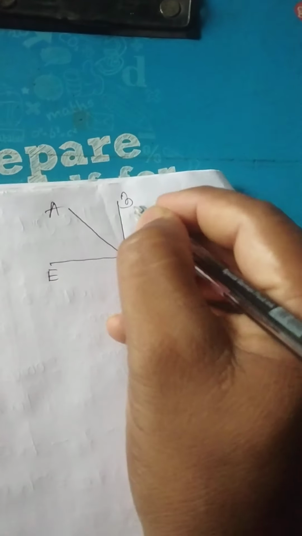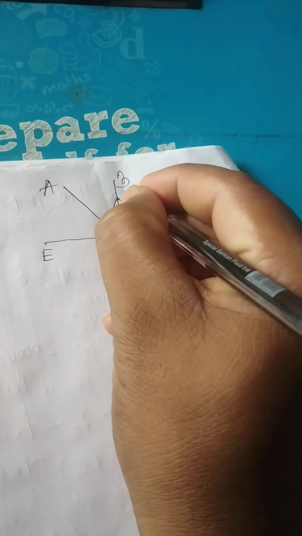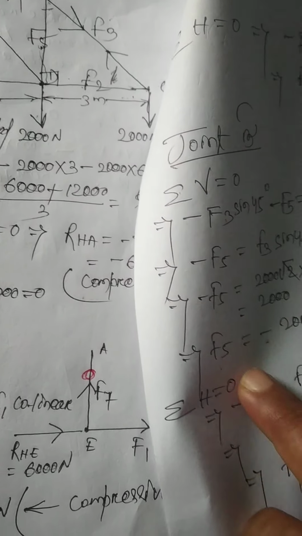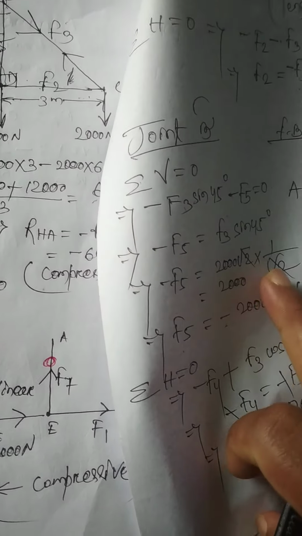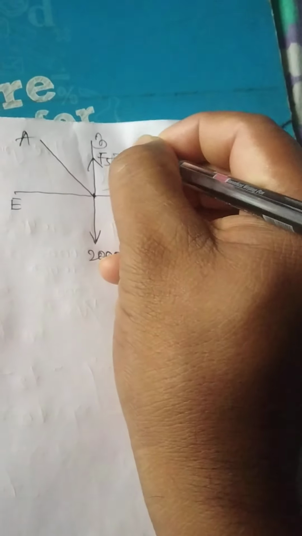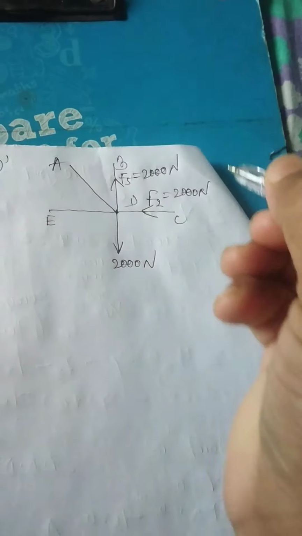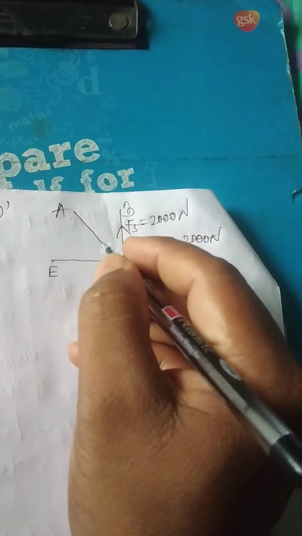Then this is F5 I have taken. What is the value of F5? We got F5 is compressive, moving upward. So I have taken F5 is equal to 2000 Newton.